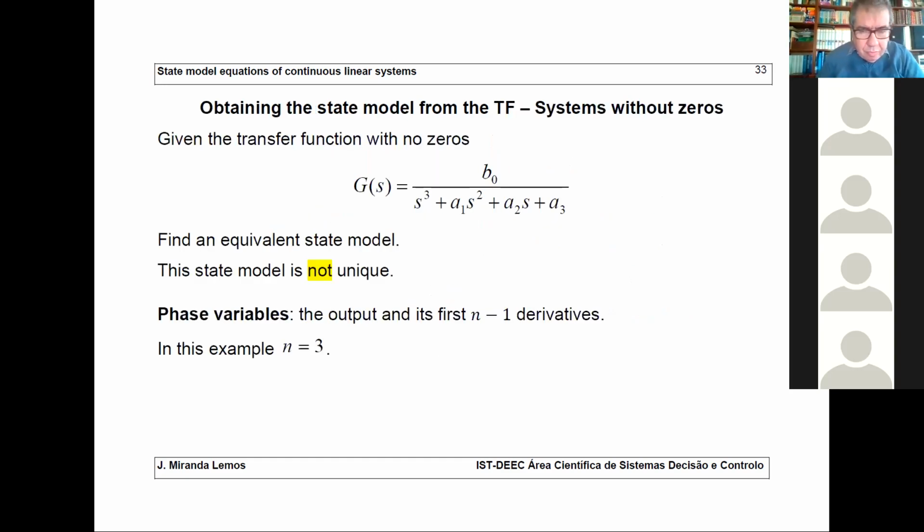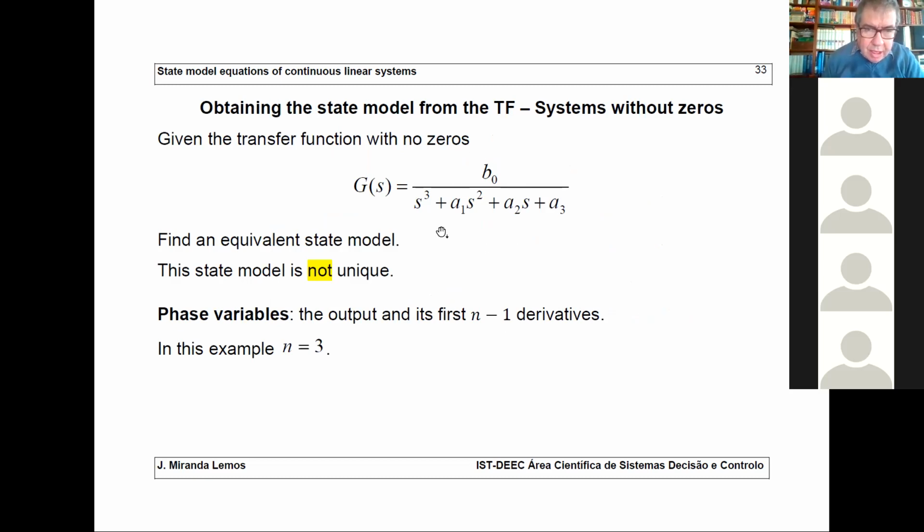Now, before we proceed, any question about this story of computing the transfer function from the state model? If not, then we'll now consider the opposite problem. I give you a transfer function and I want to compute a state model such that if you compute the transfer function, you get the one that you specified.